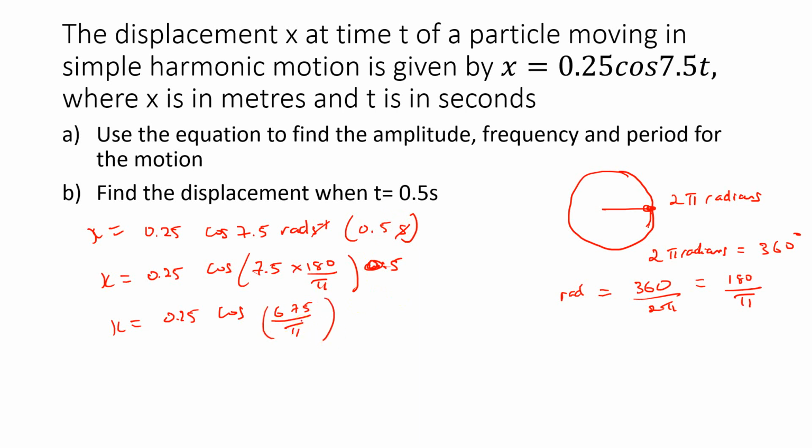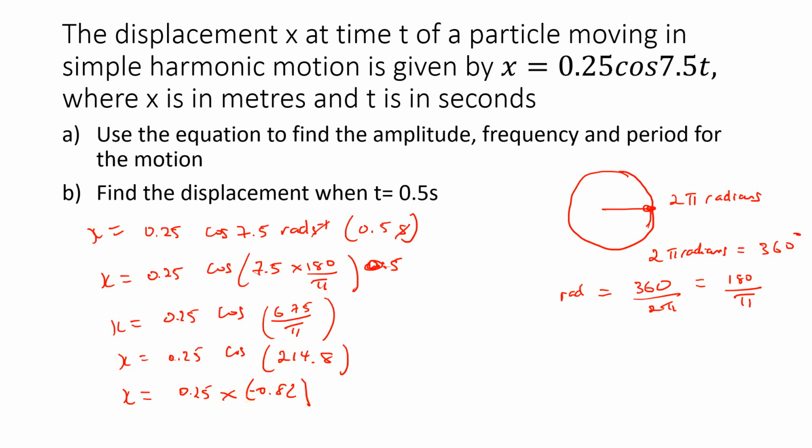675 divided by pi, cos of, not cos, x at 0.25, cos of 214.8. So let's find cos of 214.8. When we do that, we get that x is equal to 0.25 times negative 0.82.